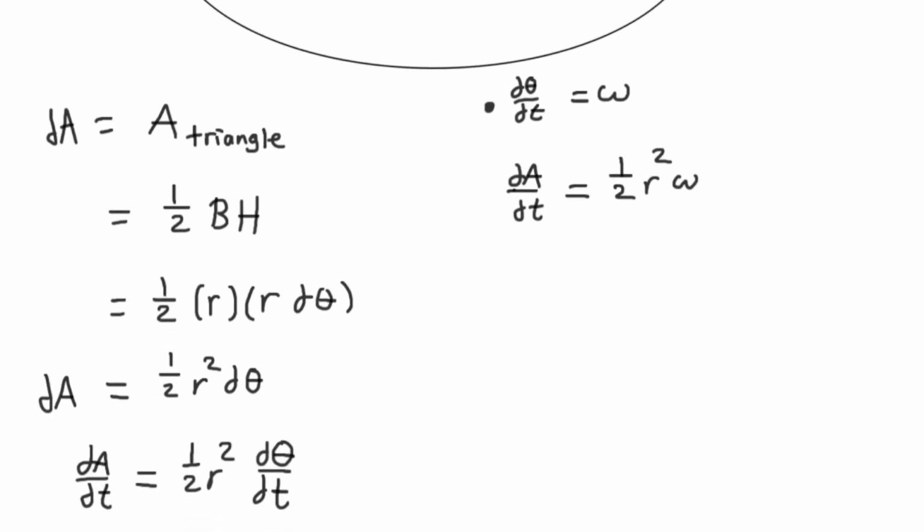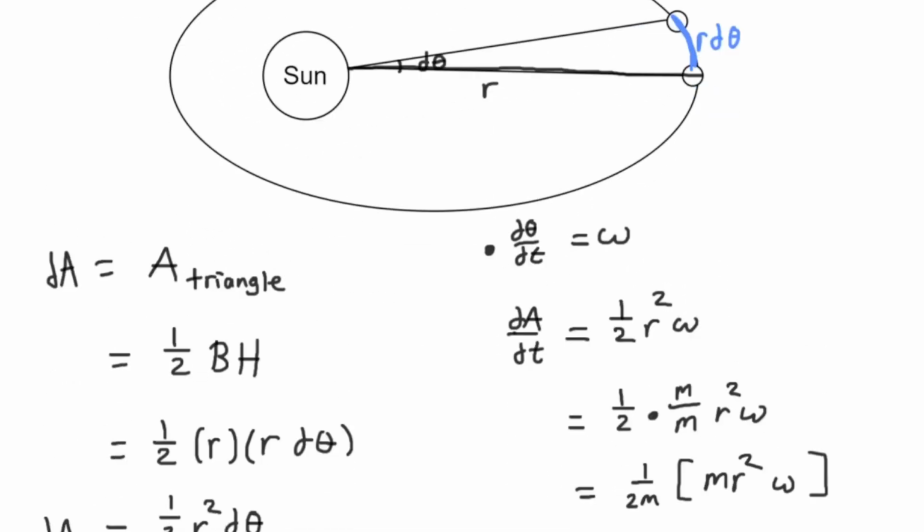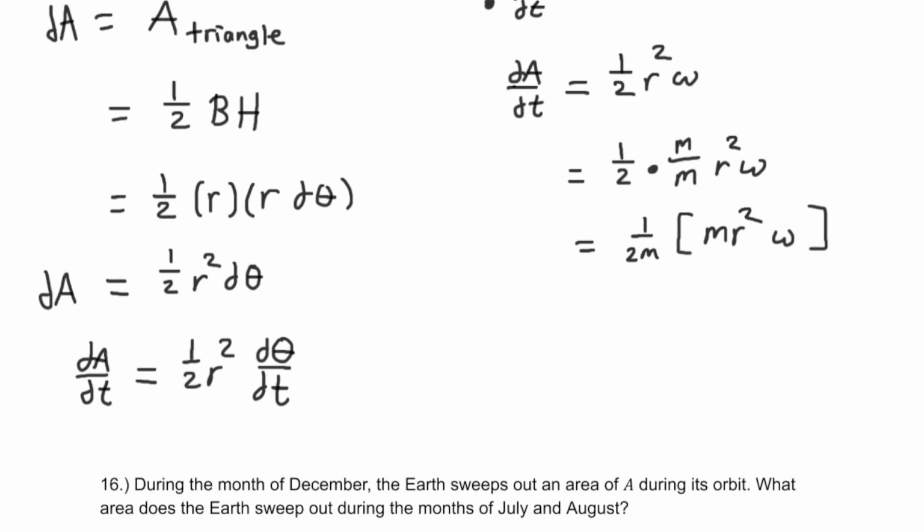And now for the only hand wavy step of the proof, we're actually going to multiply top and bottom of this expression by the mass of the orbiting planet. And then we're going to associate one of the m's with the 2 on the bottom. And now we get m r squared times omega. And due to this planet orbiting at a distance of r away, it is just a point mass.